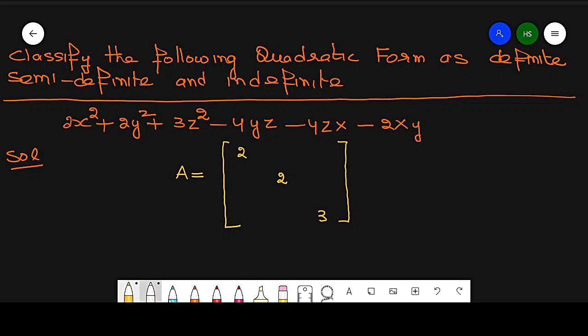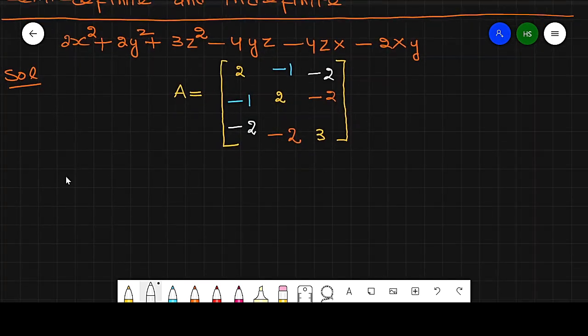Now the other entry, xy, will be minus 1, minus 1, and next is yz, second row, third column, minus 2, minus 2, and this is again minus 2 and minus 2. So this is the corresponding matrix.